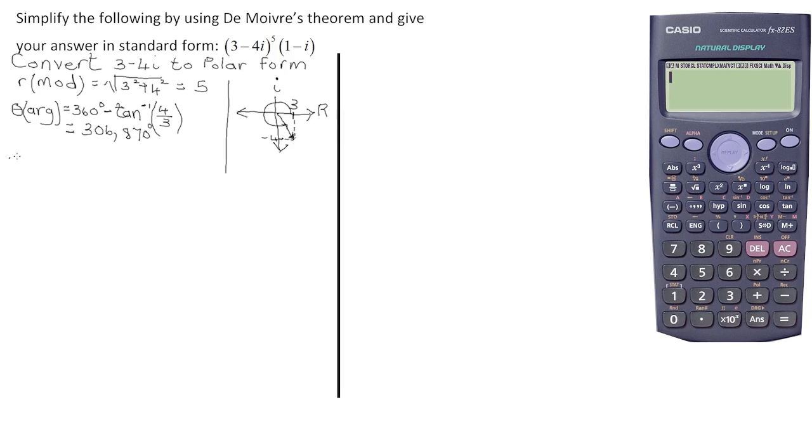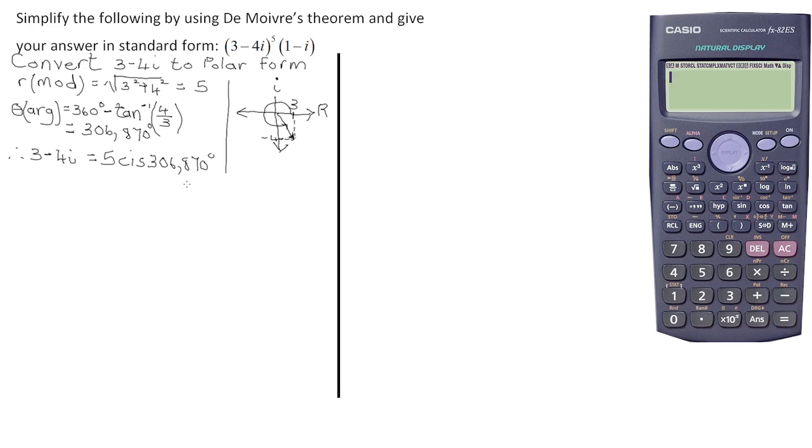And therefore, 3 minus 4i is equal to 5 cos 306.870. Okay, now let's check whether this answer is correct by using your calculator.